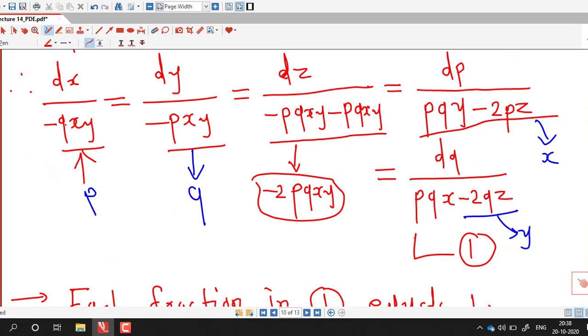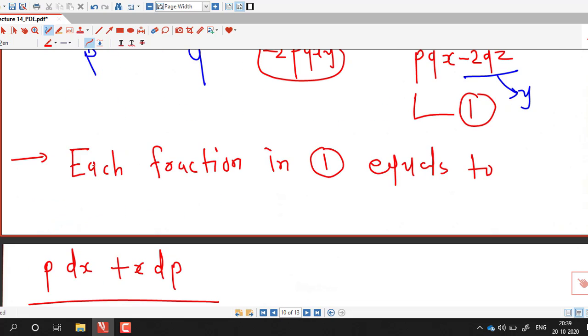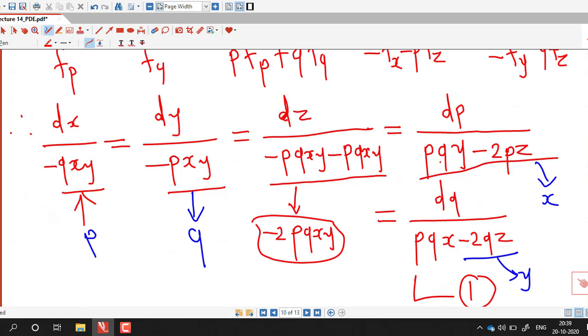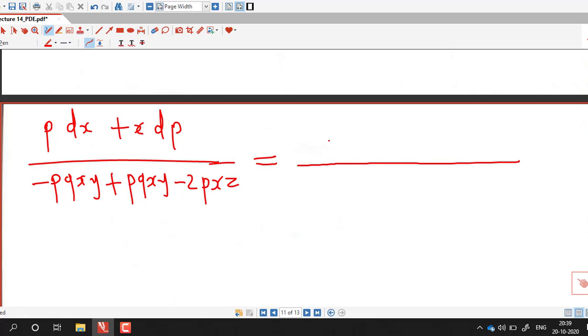We multiply dx with p, so we obtain minus pqxy, and the numerator of dp is multiplied with x, so we have pqxy minus 2pxz. And another generated fraction is where dy is multiplied with q, and dq is multiplied with y. It is symmetrical to this, so I can directly write it down.